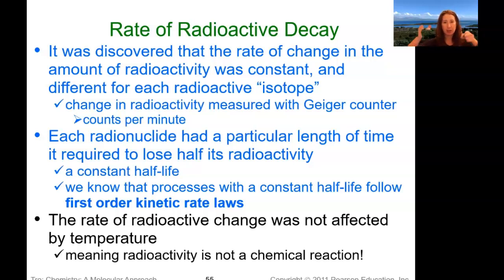Do you remember the reaction where you mixed this and this and then it turned blue? When you increased the temperature, it went so much faster. Or when you decreased the temperature, it went so much slower, right? Well, with these types of reactions, temperature doesn't change it. This means that it is not a chemical reaction. This is a nuclear reaction.